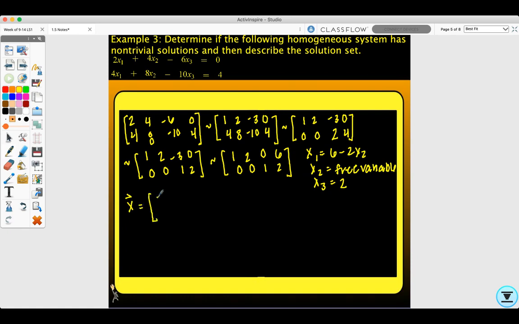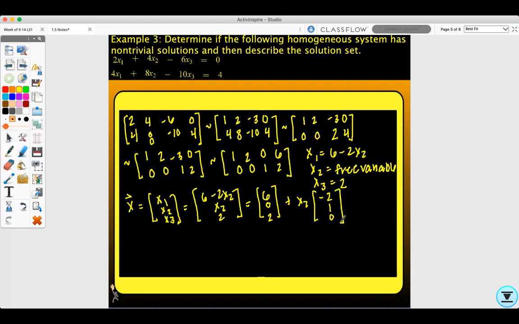So when writing this out like this, x1 we said was 6 minus 2x2. x2 is x2, and x3 equals 2. This would be 6, 0, 2, because those are my constants, plus x2 times negative 2, 1, 0.